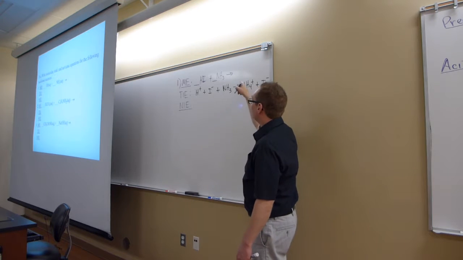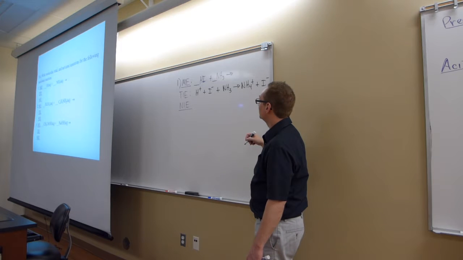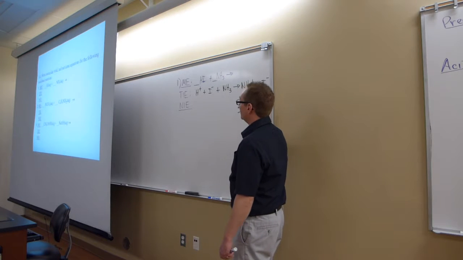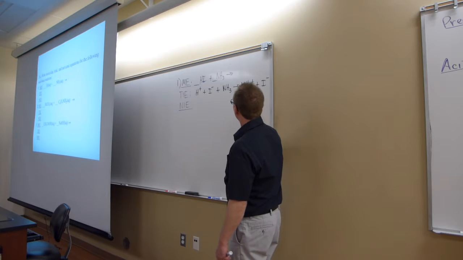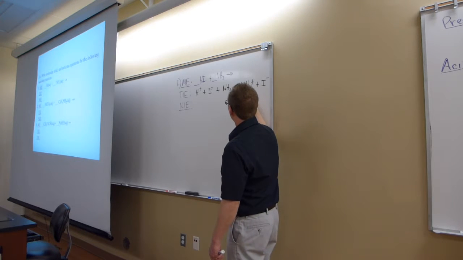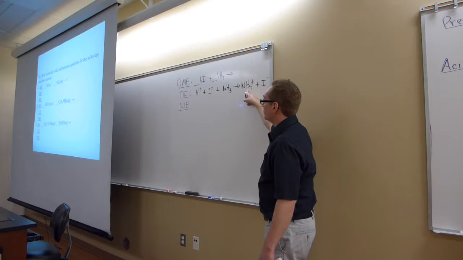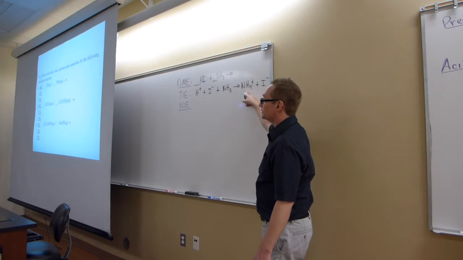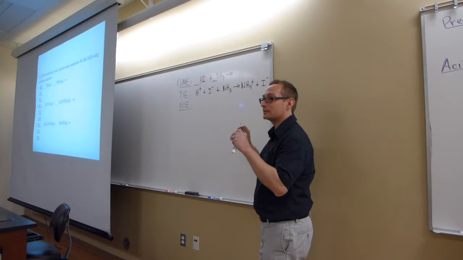What about my products here on the molecular equation now? Same thing. Yeah, it'll be the same. For the molecular equation, the reason they call it molecular equation is because even strong electrolytes are still written together.